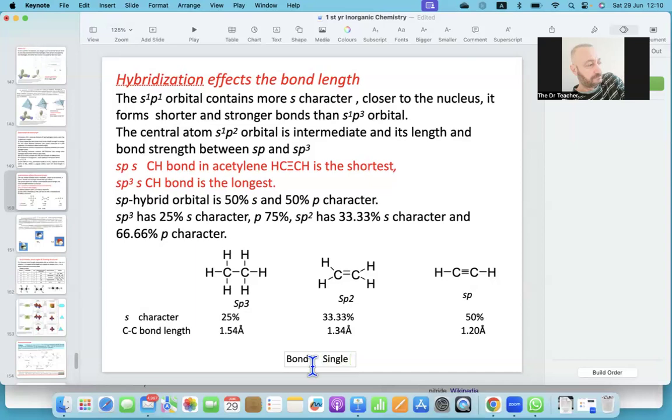If I am precise, for the bond length, single will be bigger than double, bigger than triple. So the bond length.